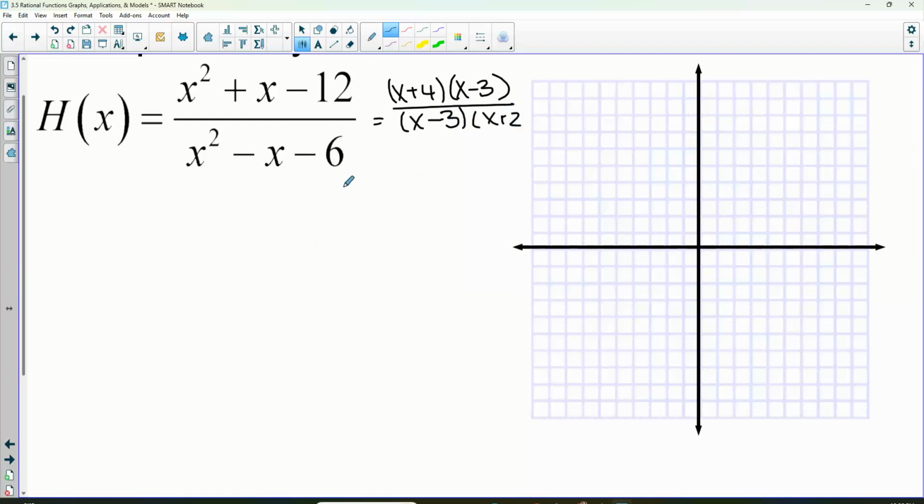What happens? That cancels. So we get x plus 4 over x plus 2. Okay, because it canceled, we know there is a hole in the graph. Look at the thing that canceled. What makes x minus 3 equal 0? To find our y, we plug 3 into what's left. So that gives me 7/5.